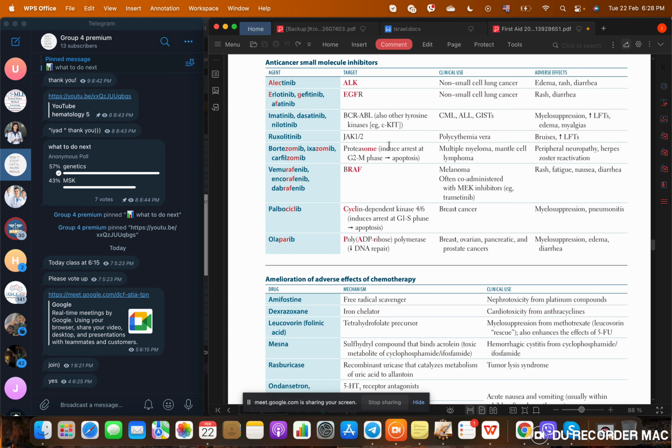It was one of the parts of the proofreading in the cell cycle, which is the G2. So we can use it to treat multiple myeloma and mantle cell lymphoma. Mantle cell lymphoma, please do not forget, is an 11;14 translocation, and it's quite aggressive. Peripheral neuropathy can occur with this drug, also herpes zoster reactivation, because the immune system will be inhibited.